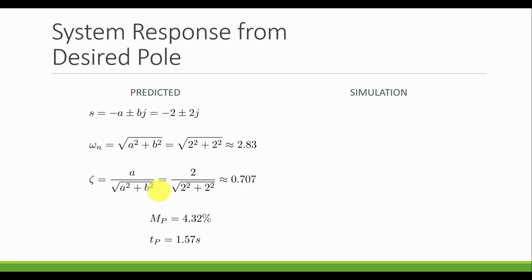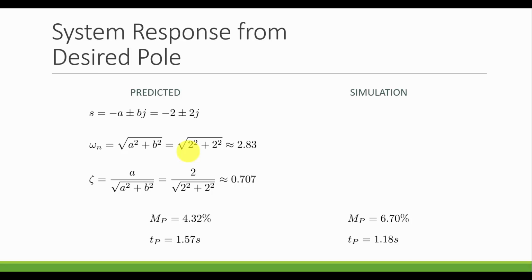Now through simulation, where we do include that extra 0 at -4 that was added through the controller, we see, with the perfect input that was capable of an infinite amount of input into our system, a higher overshoot, 6.7%, and a lower peak time, 1.18 seconds.